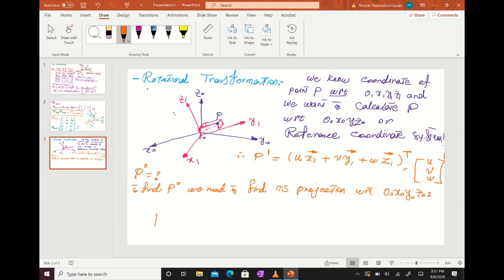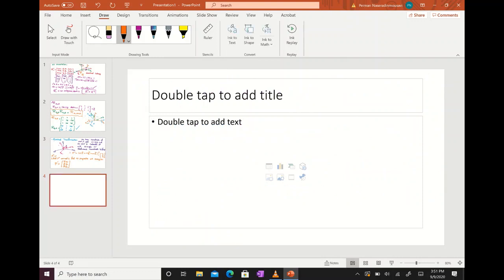That's right. So for P naught, you have to find this. You know that directional cosines are the inner product of X naught with P, Y naught with P, and Z naught with P. That's right. Understand? So it is as I told you. So how to do that?